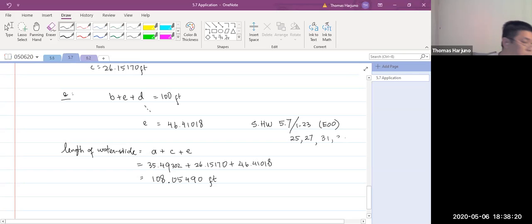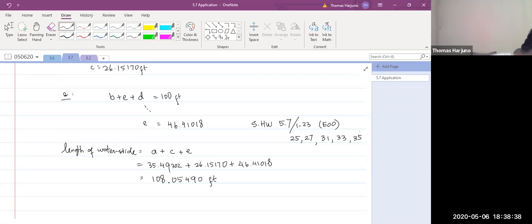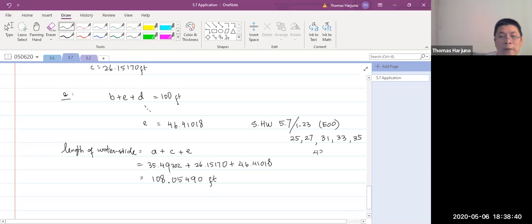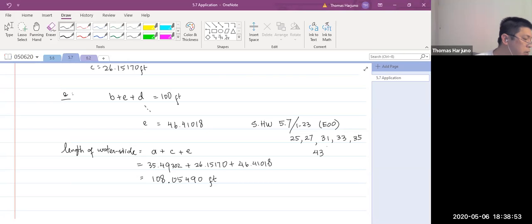A lot of thinking there. And then number 35, number 39. I think that's good enough. Number 43 may be quite interesting. Okay, I think that's for this 5.7.